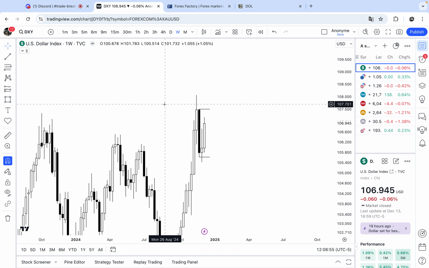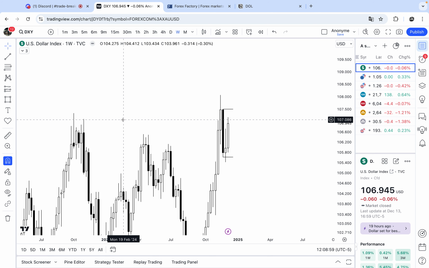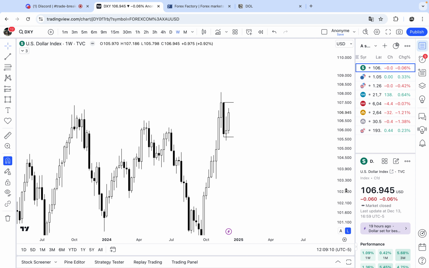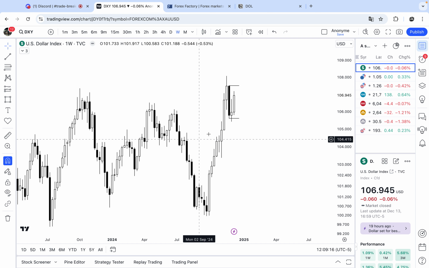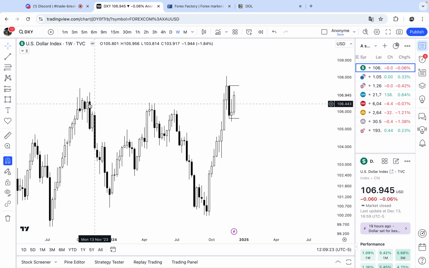Hey Yannick, if you look at the top at 103, the one on the far left, you've got the order block at the top, the end top.